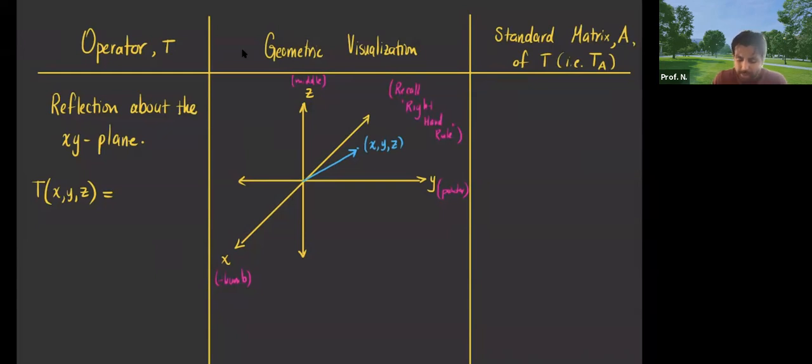You have to think about the XY plane as a sheet, an infinite sheet of paper. I don't know if you guys can visualize that blue parallelogram that I drew, it's a representation of the XY plane. And I'm going to reflect this through it.